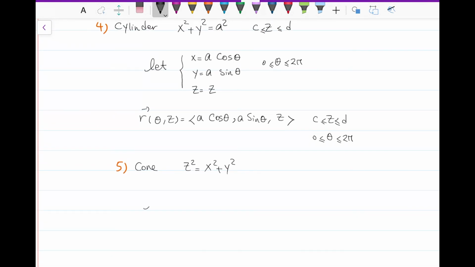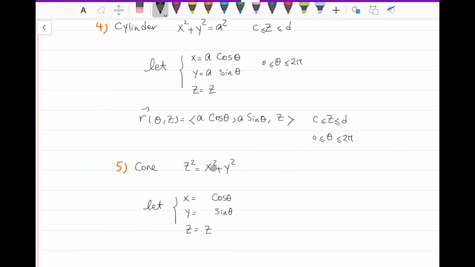For the parameterization, I have x and y on a circle, so x is something cosine theta, y is something sine theta, and then z depends on x and y, so it could be one of the parameters. Let me just keep it z.